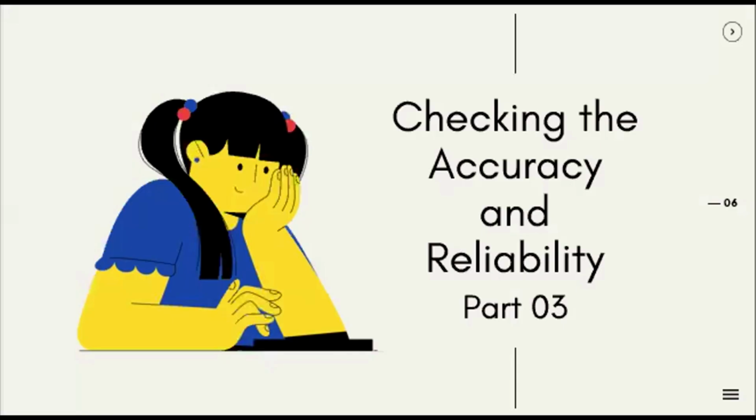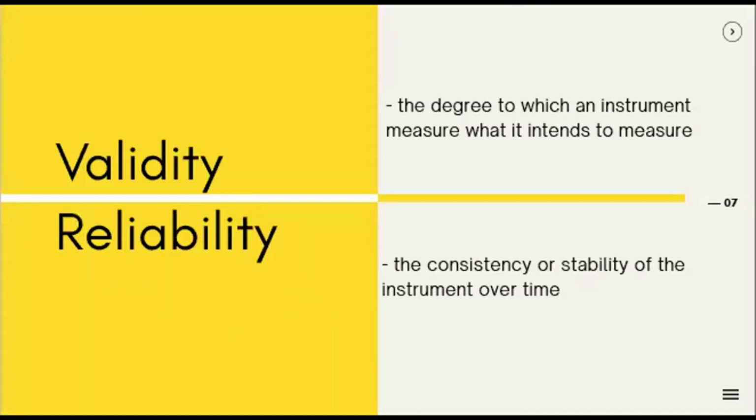So now let's proceed with the next part of our discussion, checking the accuracy and reliability of your research questions. Let's discuss what validity is all about. It is the degree to which an instrument measures what it intends to measure. Reliability is the consistency or stability of the instruments over time.